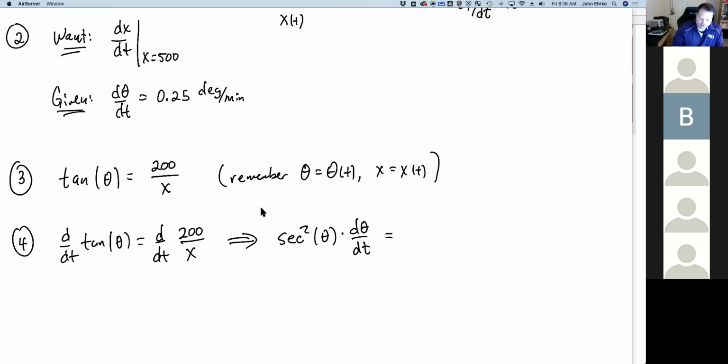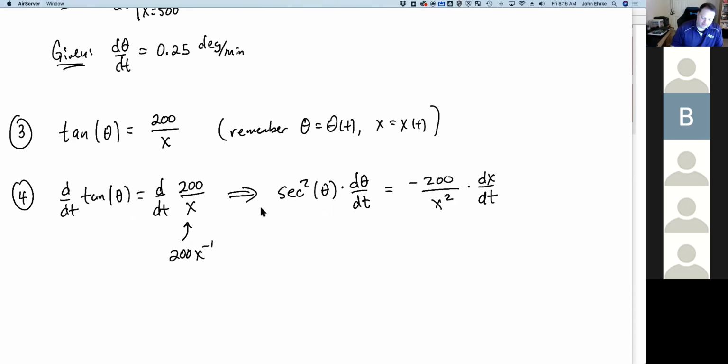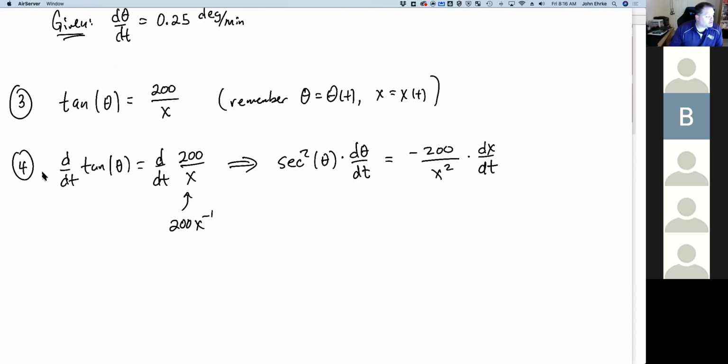For the derivative of 200 over x, I'm thinking of it as 200x to the negative 1 and using the power rule. The derivative is negative 200x to the negative 2, which is negative 200 over x squared. But because it contained the variable x, which is a function of time, I have to multiply by dx/dt. So we have implicitly taken the derivative in step 4.